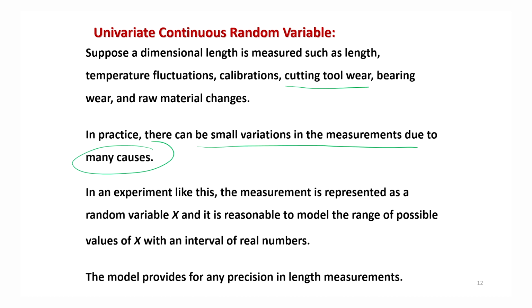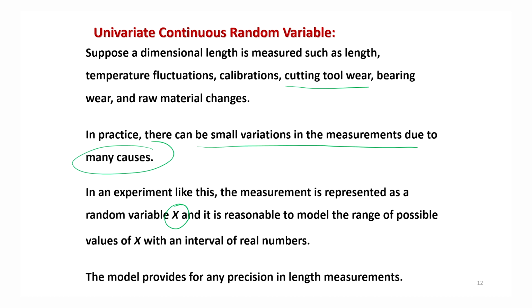So now in such a situation, if you try to represent by capital X the quantity which you are going to measure, then you cannot say that the random variable is going to take values only at some finite values. For example, as in the case of discrete, we say that if 5 telephone lines are going to be used, then the value of the random variable is 5. And if 8 lines are going to be used, then the value of the random variable is 8.